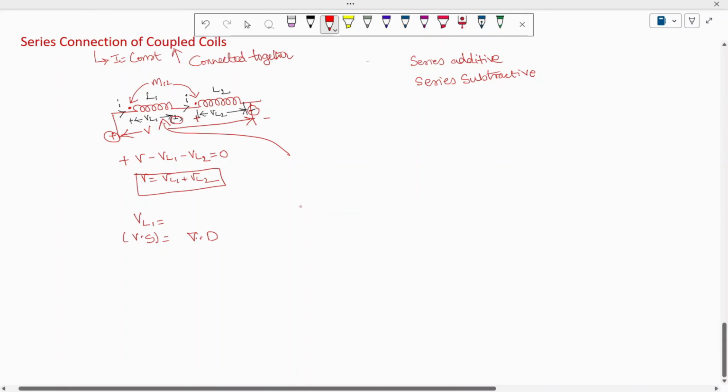It creates a drop which is nothing but L1 inductance with a current of di1 by dt.